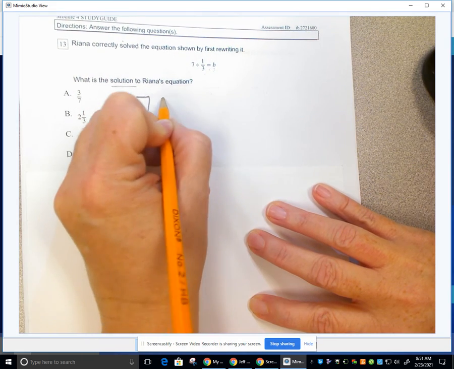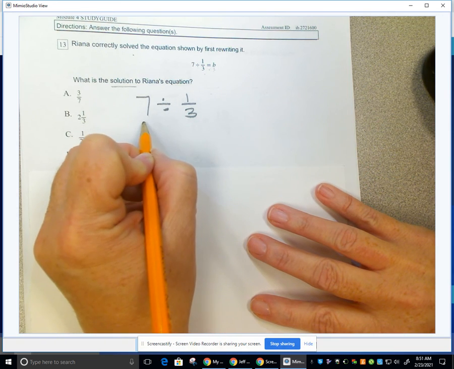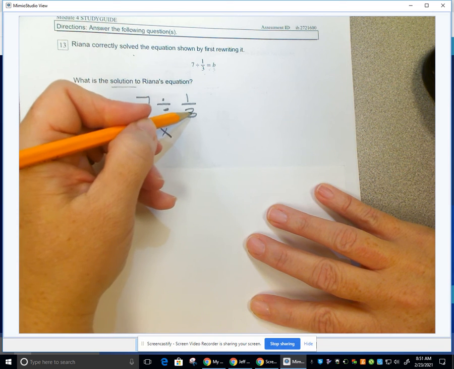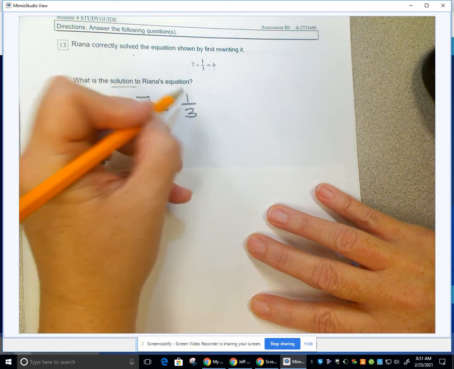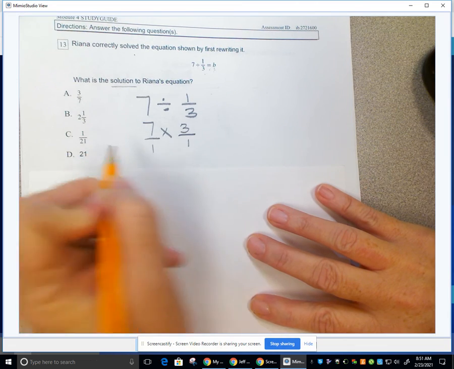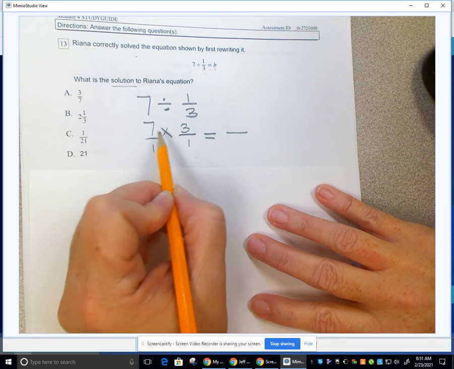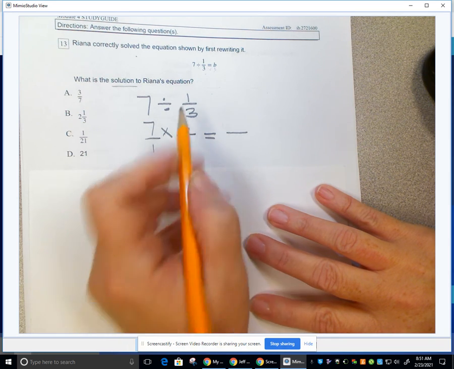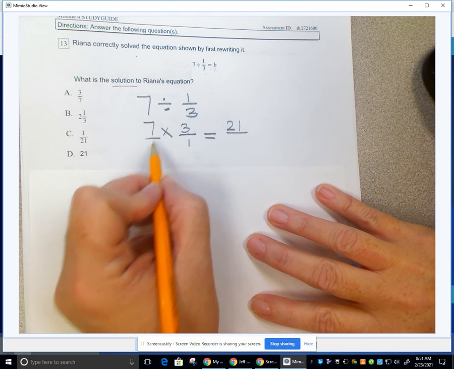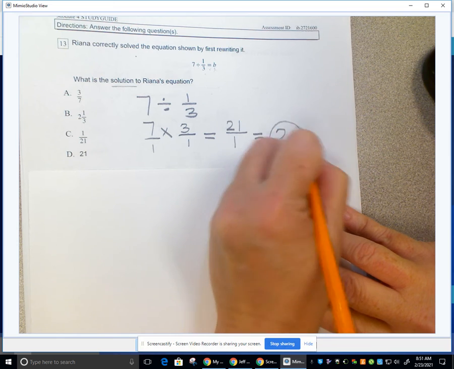They've got 7 divided by 1/3. I'm going to keep it, switch it, and flip it. Remember the reciprocal. So instead of 1/3, 3 over 1, slap a 1 right here, come across. 7 times 3 is 21. 1 times 1 is 1, and my answer equals 21.